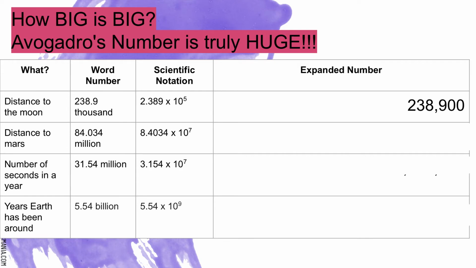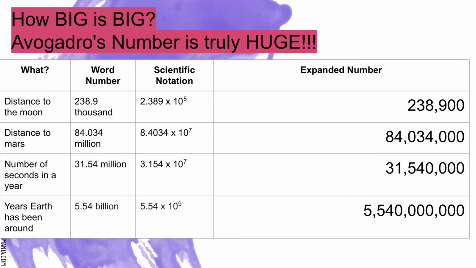The distance to Mars is 84.034 million miles, and the expanded number is 84,034,000 miles. The number of seconds in a year is 31.54 million, and that looks like that as an expanded number. Years Earth has been around is 5.54 billion, so your scientific notation is 5.54 times 10 to the 9th, and the expanded number looks like that.